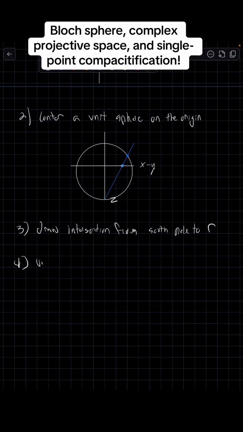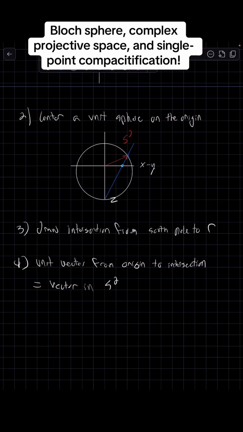And then our unit vector from the origin to the intersection equals our vector in S2.